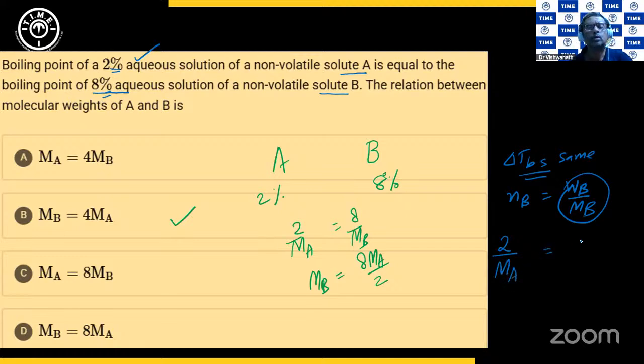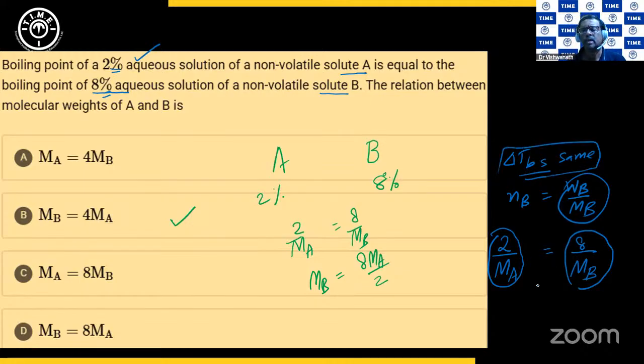This is equal to 8 grams by molar mass MB of the second solute. Both should be equal because their boiling points are the same. So what will be MB then? MB can be written as 8 by 2 into MA, or MB is 4 into MA. Option B it is. I hope this is clear.